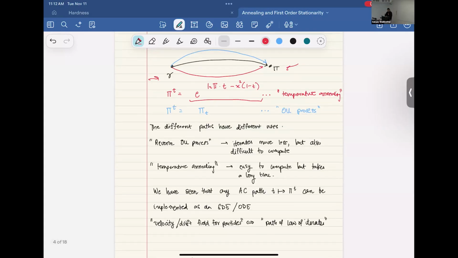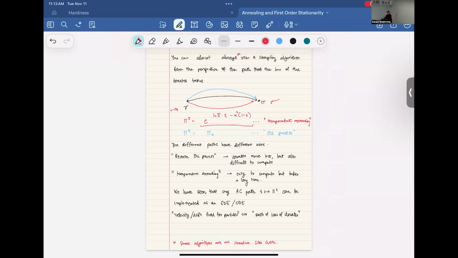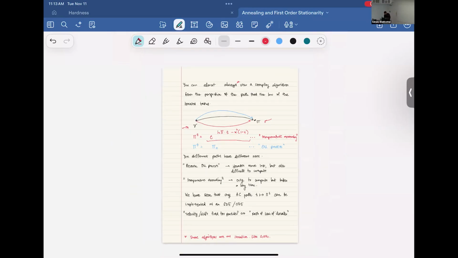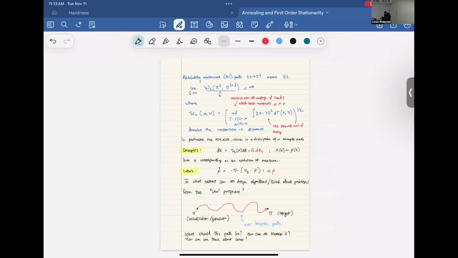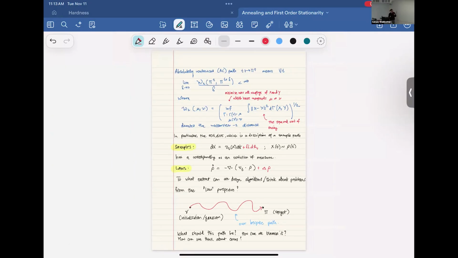In general, there are these paths through distributions, and there are these drifts that allow you to implement these paths. Now, it turns out for any what is called absolutely continuous path through the set of distributions, you can actually come up with an SDE that implements that. I think Sanjay has talked about this in detail, so I'm going to cover it very briefly.